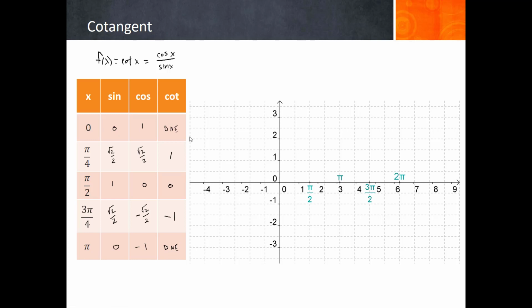So we're going to have a vertical asymptote at 0 and at pi. At pi over 4, it is going to be at 1. At pi over 2, it's going to be at 0. And at 3 pi over 4, it's going to be at negative 1.